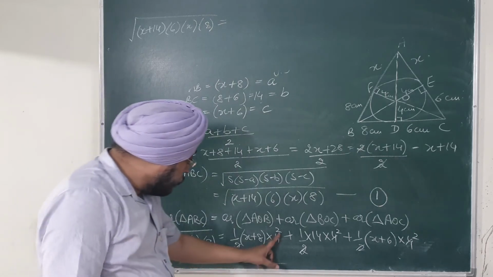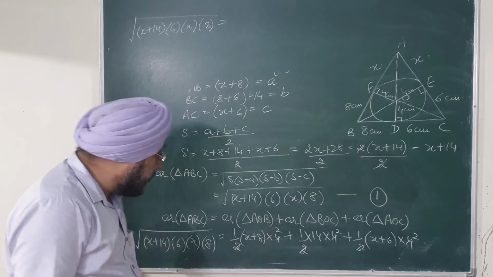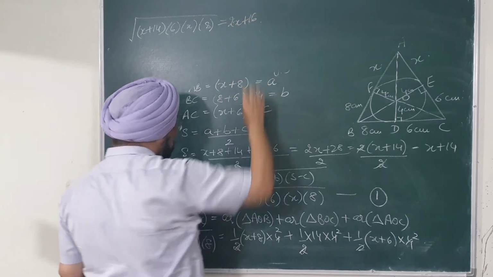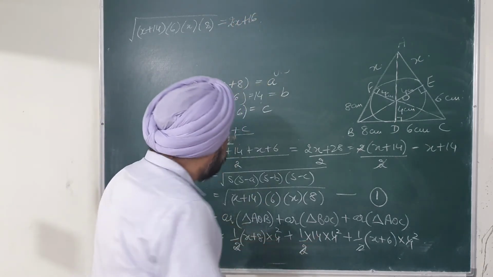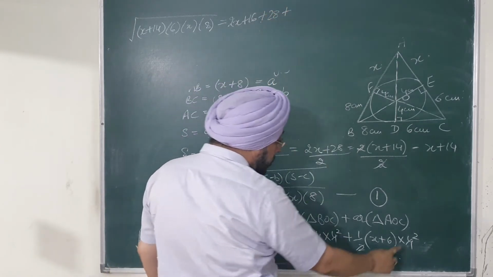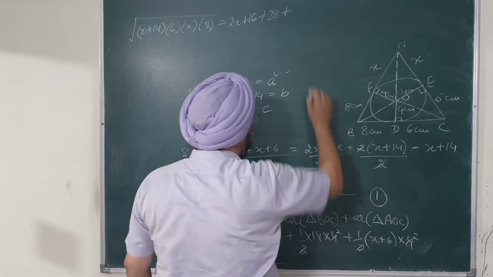Now just see, 2 multiplied by x, 2 multiplied by 8, this becomes 2x plus 16, this is 28, and the third one is 2x plus 12.